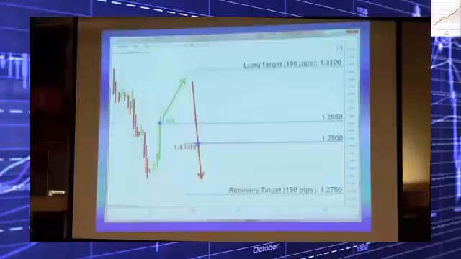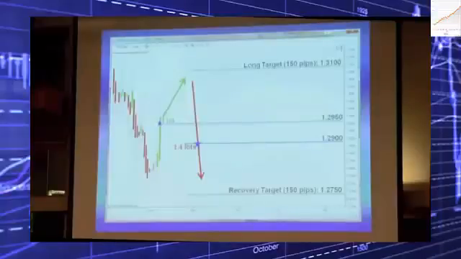Now, the key is, worst case, to break even. So stay with me here. I am one lot long at 125.50. If I happen to hit this target, I will be 200 pips short. I will be losing 200 pips on this one lot, correct?